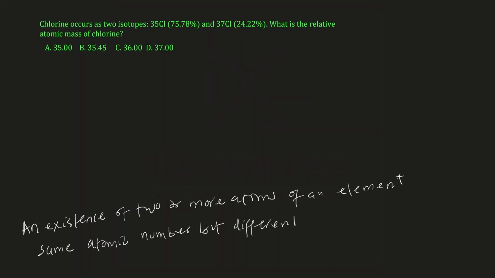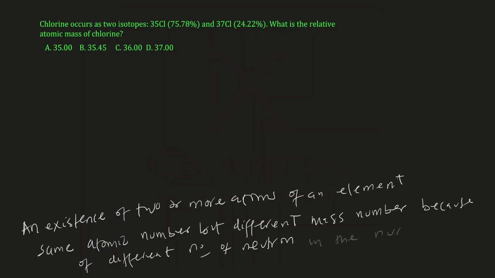That is how we define isotopy. They are going to have different mass numbers because of different numbers of neutrons in their nucleus. So every isotope differs from each other in mass number because they have different numbers of neutrons.